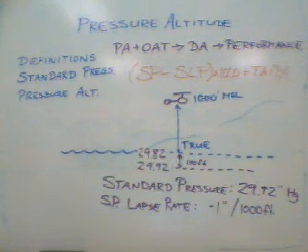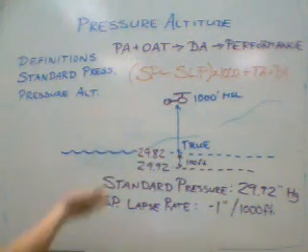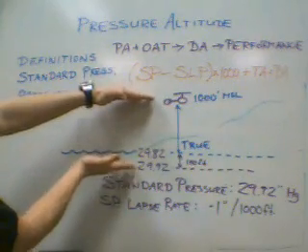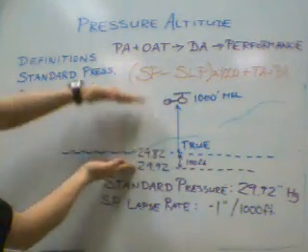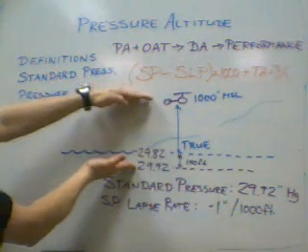So there are lots of ways to do it, lots of ways to look at it, but just remember, it's just this simple. Wherever 29.92 is, your height above that is your pressure altitude.